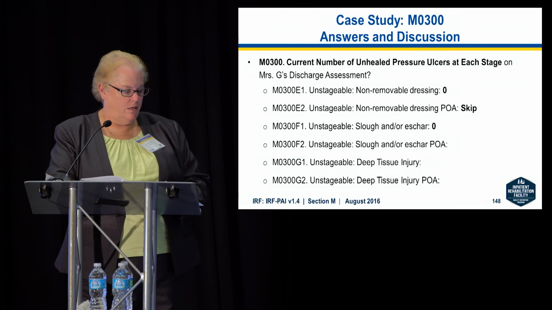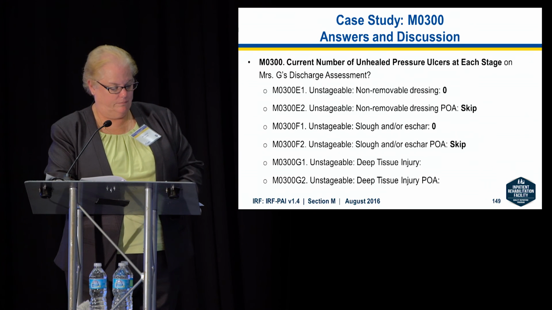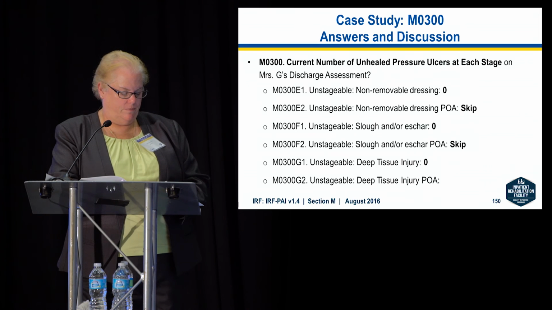How about unstageable due to slough or eschar present on admission? Skip. Good. Unstageable deep tissue injury: 0, because this is discharge. Unstageable deep tissue injury present upon admission.